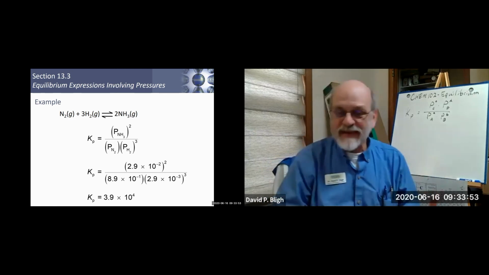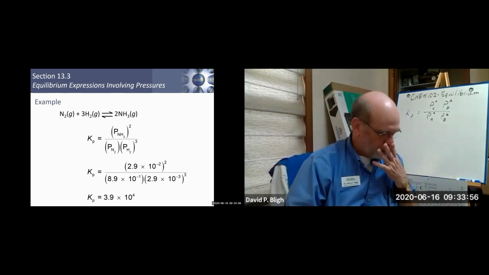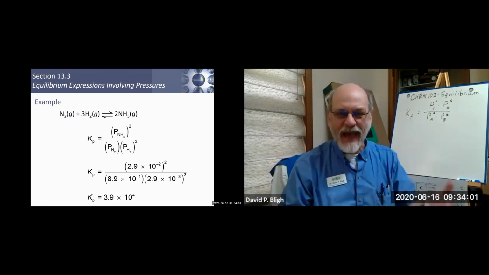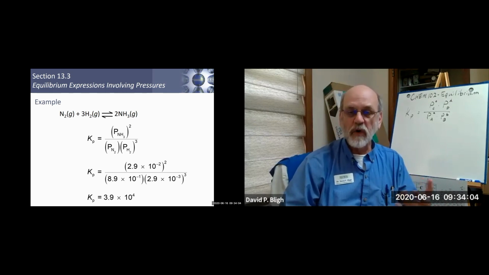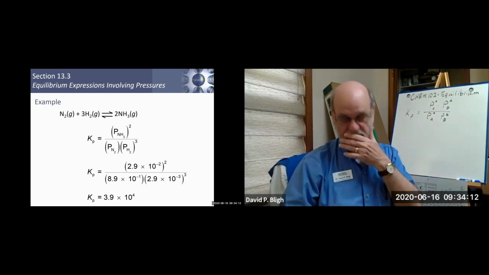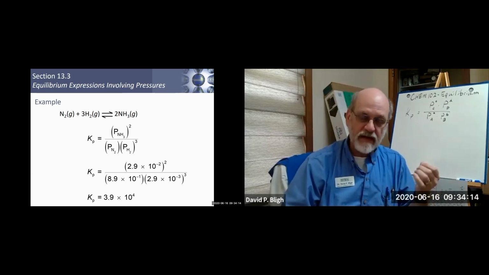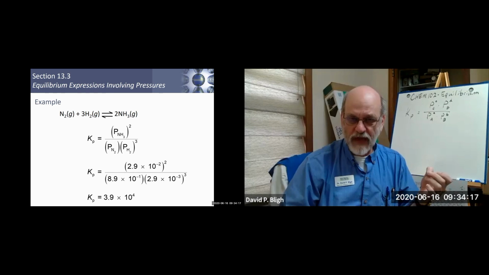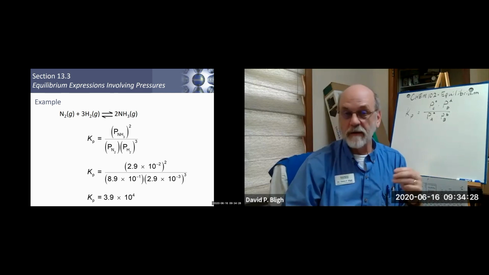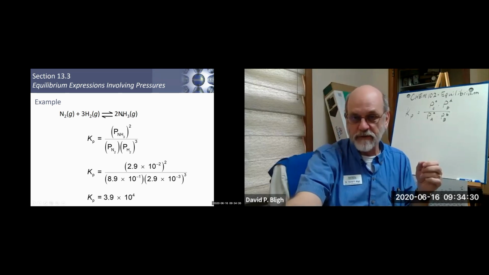Okay, the Kp and the Keq have the same pattern in terms of whether they're large and positive or small, and maybe even have a negative power. In this case, Kp is 3.9 times 10 to the fourth, so we know that the partial pressure of ammonia at equilibrium is going to be much higher, and the reaction to the right is favored.